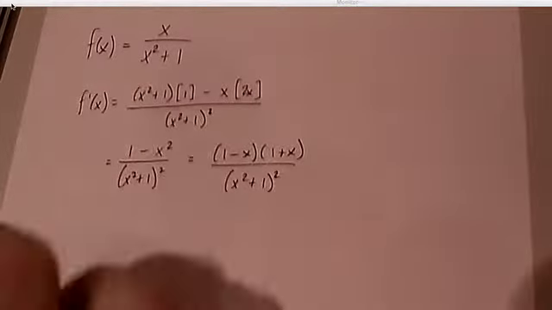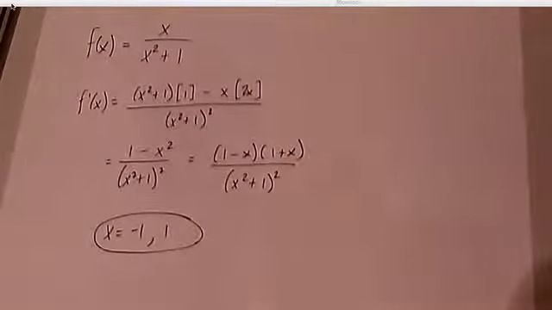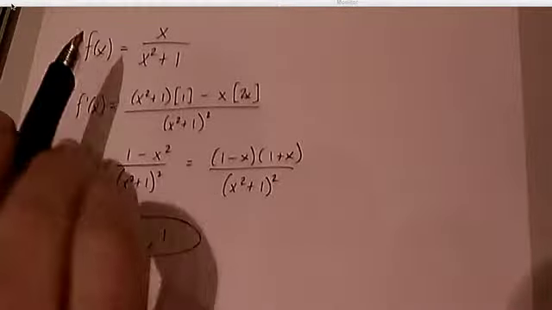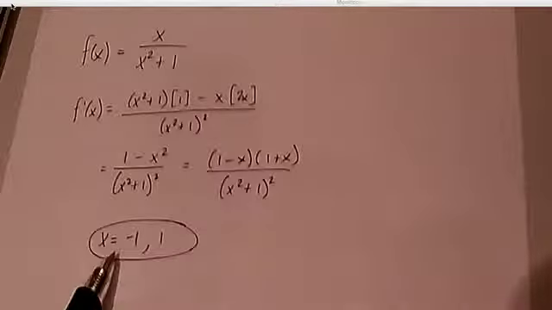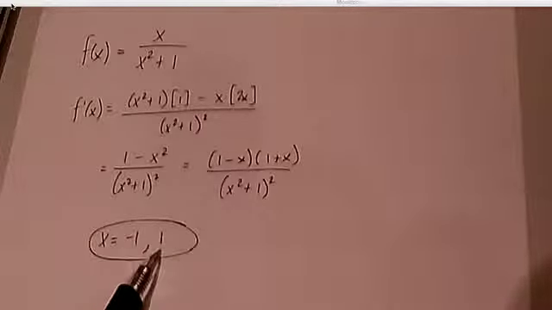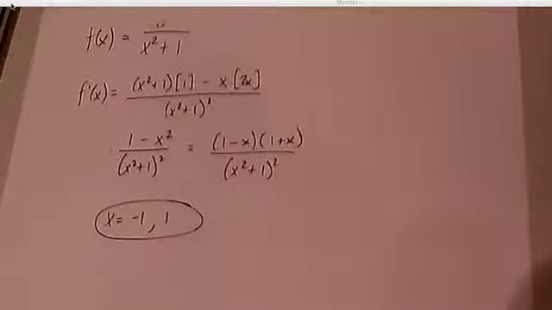Well, I know that that means that I have x is equal to negative 1 and 1 as my critical values. And of course, if you remember that as a serpentine function, you should recognize the fact that that's going to be your minimum and that's going to be your maximum. But if you didn't, that's still okay. It's going to be very, very easy to go ahead and evaluate these.